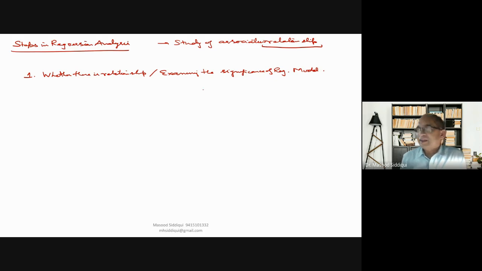Now, there may be two answers, no or yes. If no, then the analysis stops. If yes, then we go forward. The second thing that we examine is related to the type or strength of the relationship.